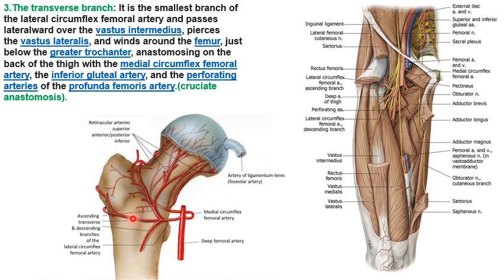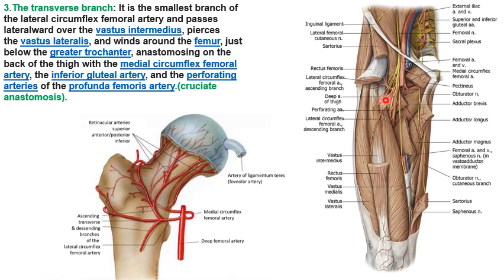Now coming to the transverse branch. This is the transverse branch. This transverse branch is the smallest branch of the lateral circumflex femoral artery. It winds round the neck of the femur anteriorly. This one you can see.